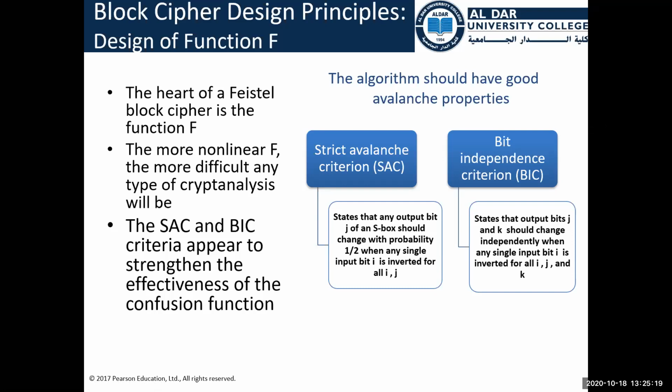This is the bit independence criterion. When you design any of this, you have to take care of these also, SAC and BIC. The first one, SAC, means the probability of changing is 0.5 for each bit, and for the bit independence criterion, the change in the output doesn't depend on the change in the input.